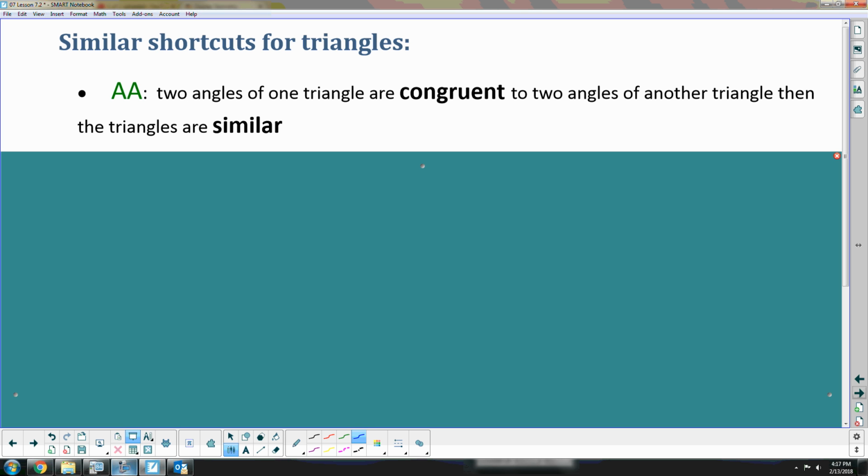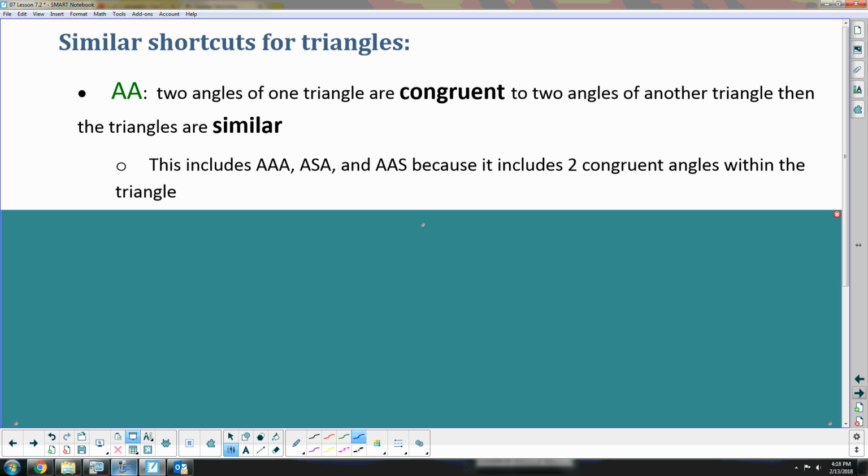So if you know that two angles are congruent to two angles in another triangle, then the two triangles are similar. So you can have all three angles, you can have a side and two angles, you can have two angles and a side, you can have angle, side, angle. So it includes all of those shortcuts, because if you have two angles of a triangle, the third angle of the triangle is going to be congruent to the third angle of the other triangle. So those two triangles are similar.